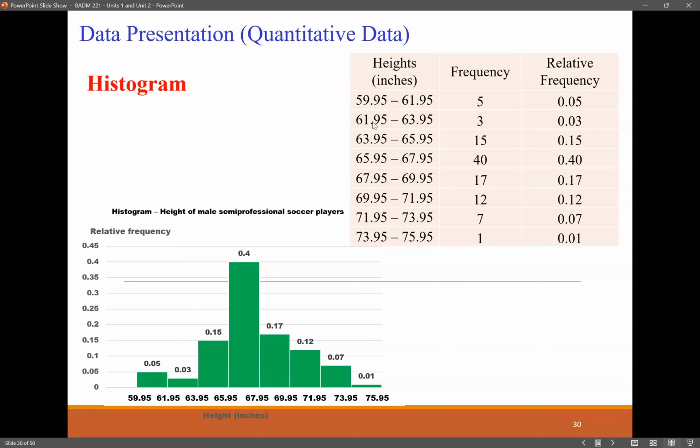It is generally for continuous data. If not, it is the same as your bar graph. But if it is the same number here, then it is your histogram. There are no gaps between the two intervals, right? And then you just plot the bar graph with no gaps, and that is your histogram.